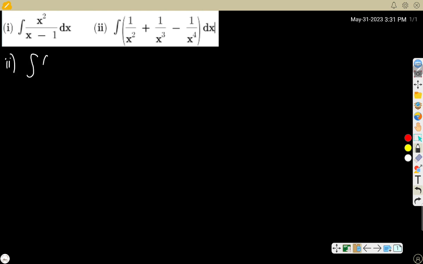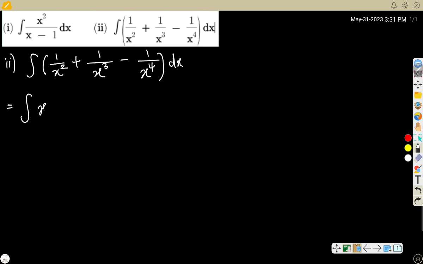The integral of 1 over s squared plus 1 over s cubed minus 1 over s raised to power 4 ds. Change everything to its index form.